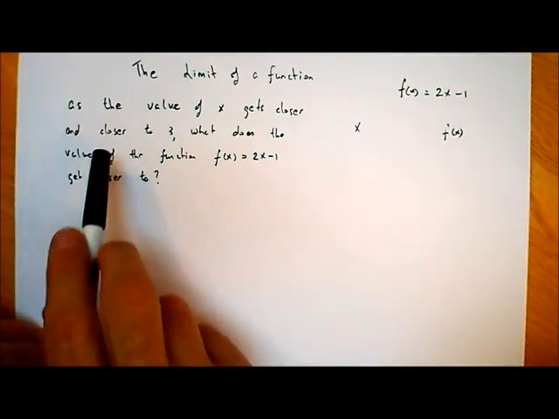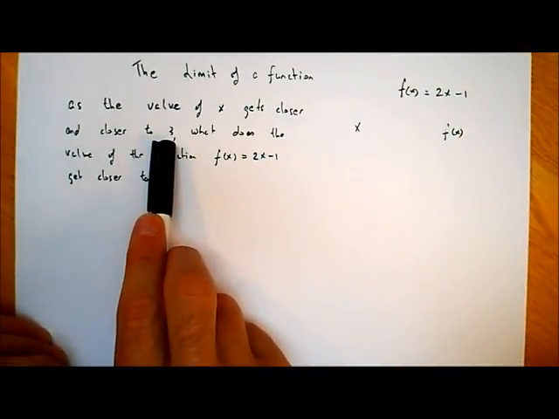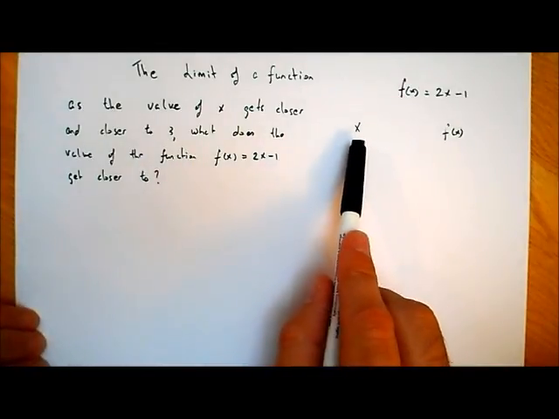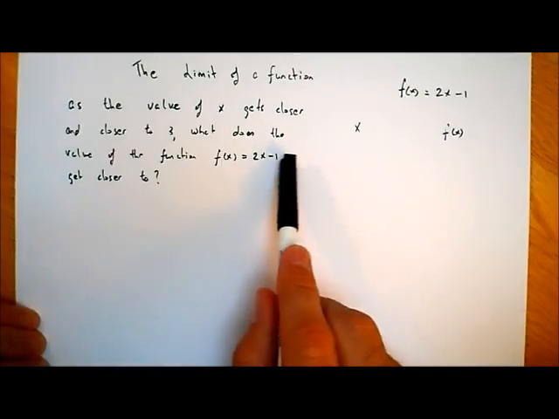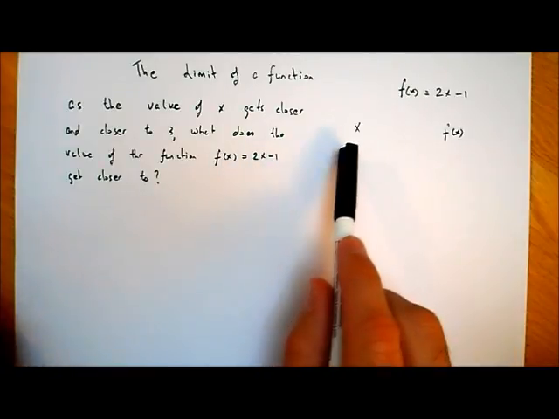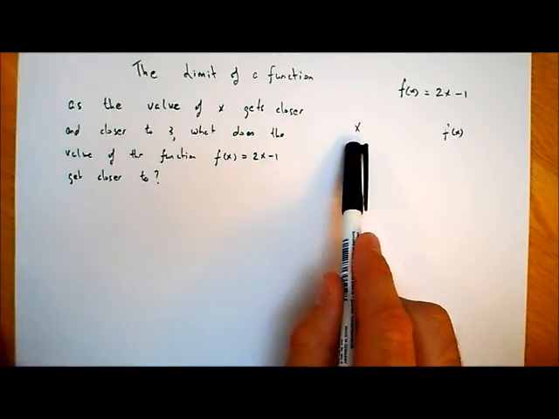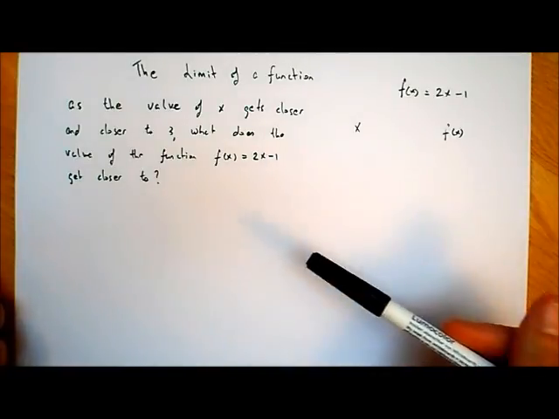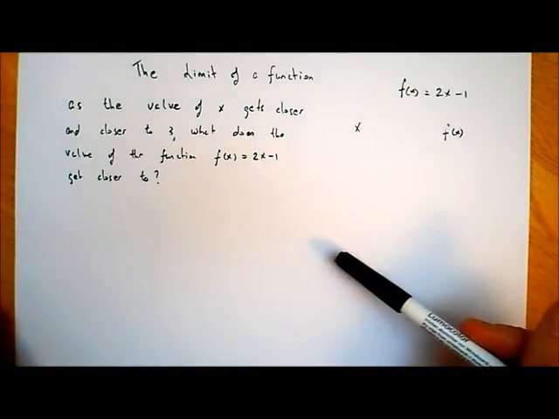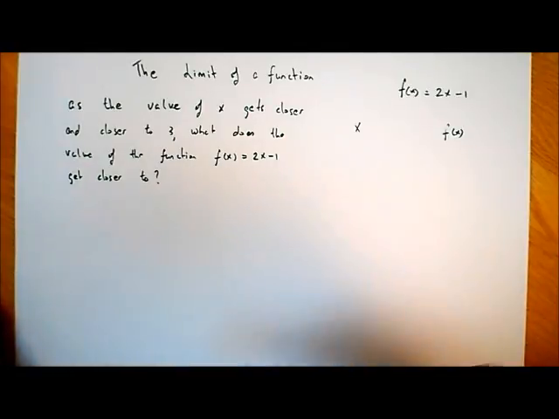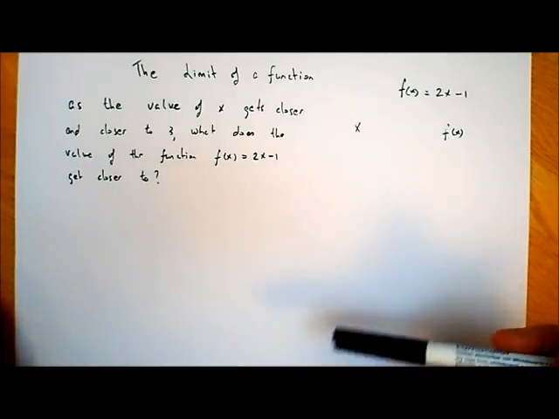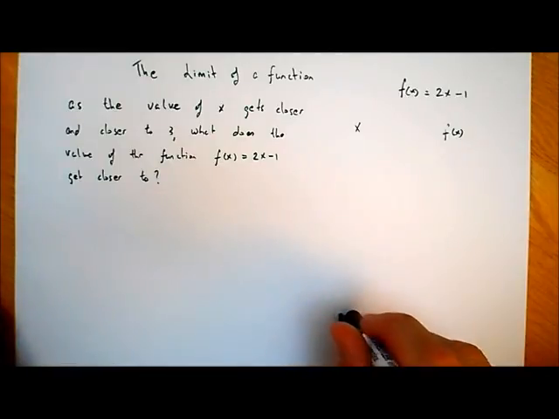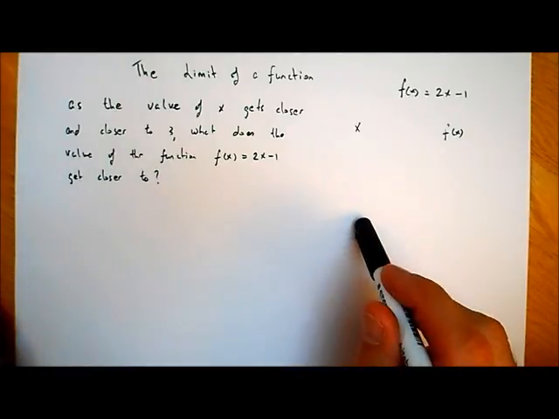So as the values of x get closer to 3, we're going to fill in certain x values into the function f of x equal to 2x minus 1, but those values of x that we fill in are going to get closer and closer to 3. So numbers like 1, 2, 2.5, 2.8, 2.9, 2.99, but we can go the other way as well, because we could get closer to 3 from 5, 4, 3.5, 3.1, 3.01.